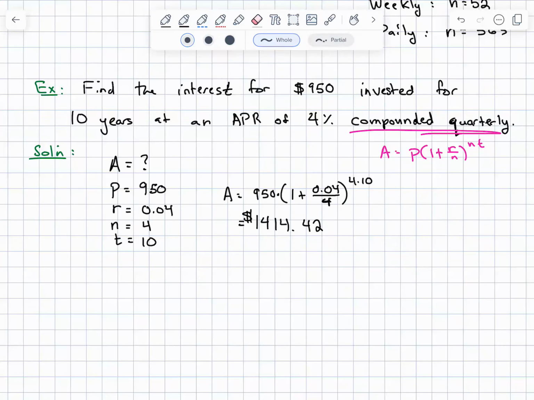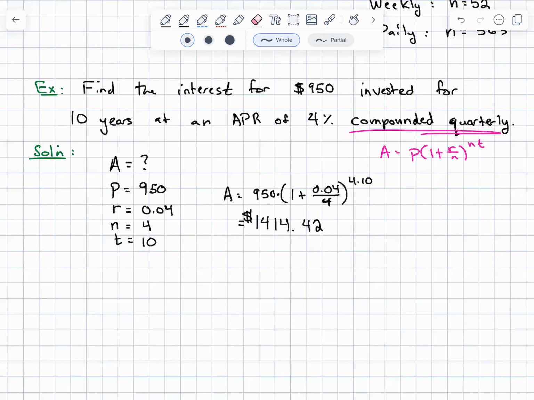So as an aside, if you used 4 instead of 0.04, you end up getting what you would have made on $950 over 10 years: $1,044,563,046, something along that. I think actually even more than that. How many zeros are in a trillion?